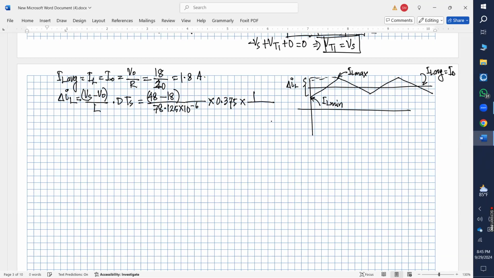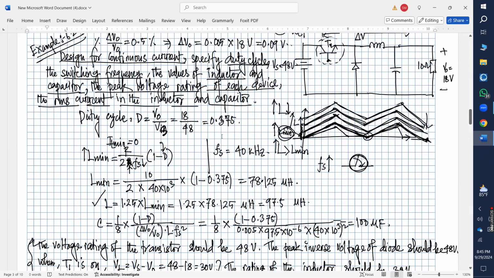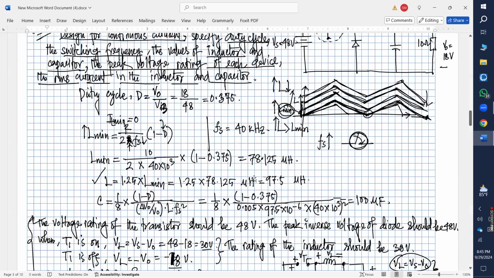So 1 over Fs we considered is 40 kilohertz, so 40 into 10 to the power 3, right? Shouldn't the L value be 97.5? That 78.125 is L minimum. Oh, sorry. Yes, it should be 97.5.